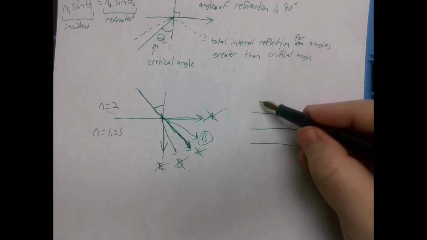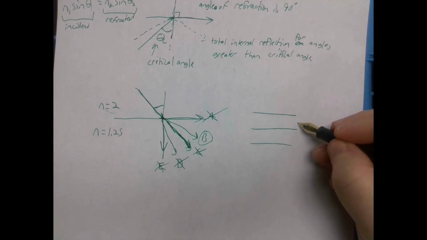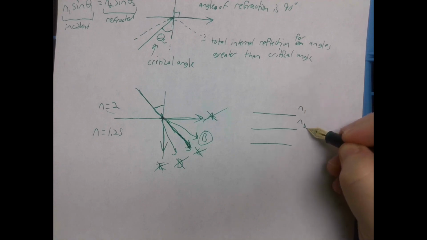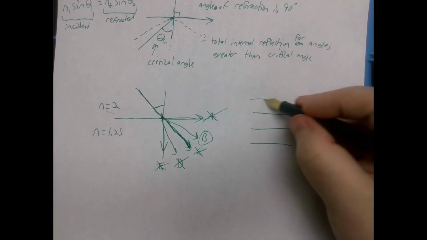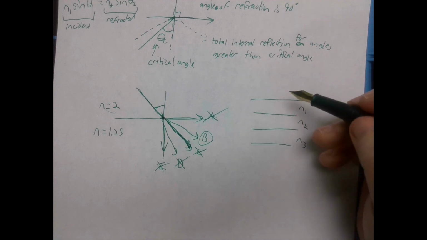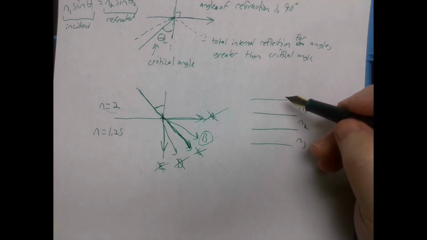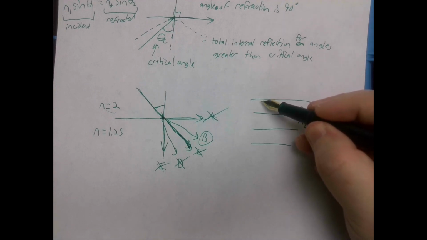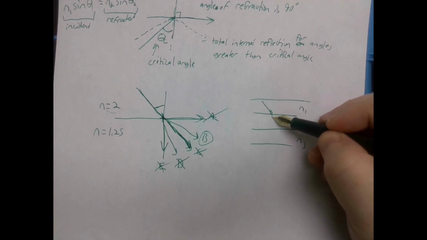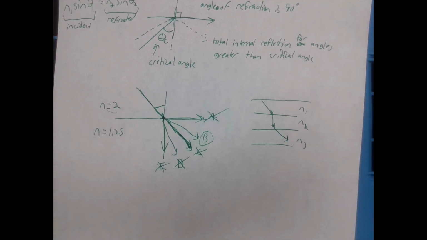There'll be problems like this, where I tell you you have some N1, N2, N3 material like this. Light comes in, it bends down, hits, and then refracts like that.